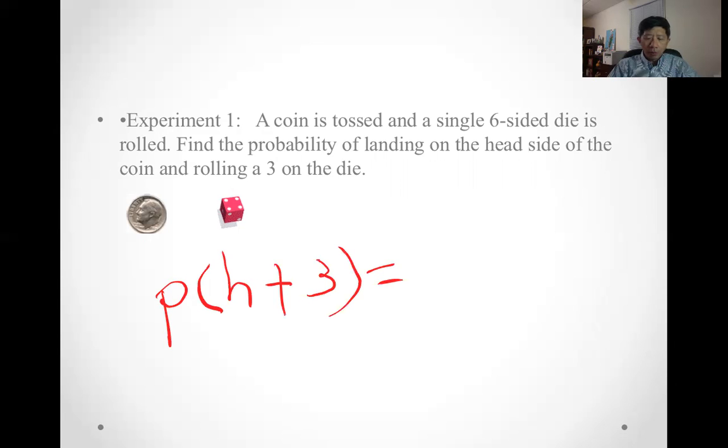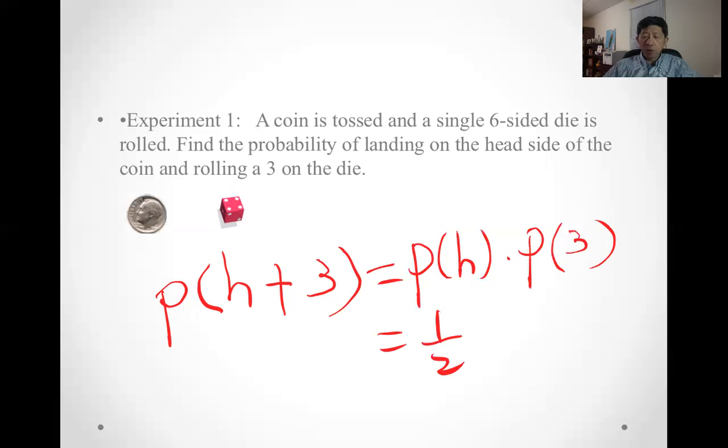So therefore, the head and 3: probability of head times the probability of 3, right? And what's the chance to get a head, which is 1/2? Makes sense to you? How about the probability of 3? It is 1 out of 6, yes. So multiplying each other, 1 out of 12. So that will be the answer, okay?